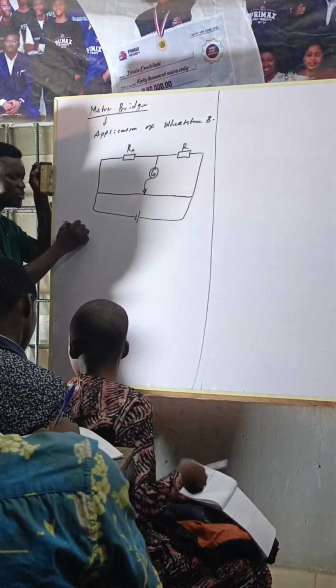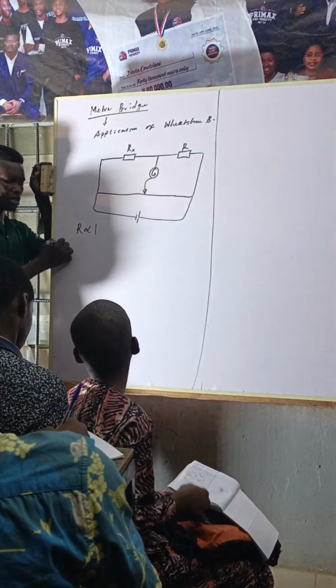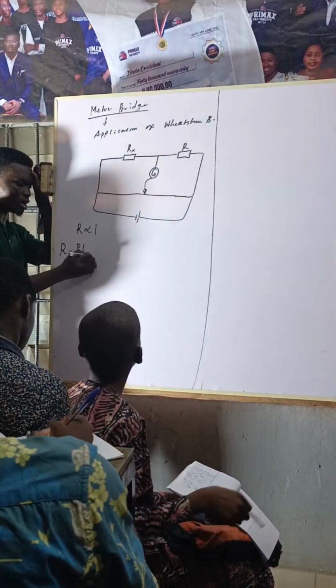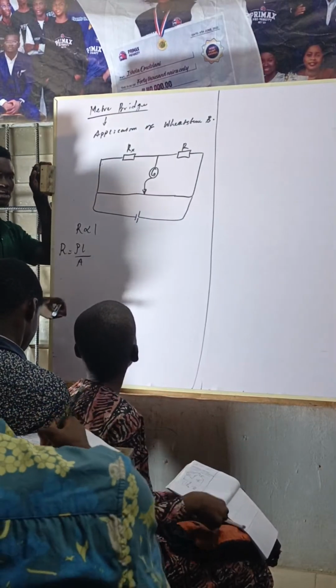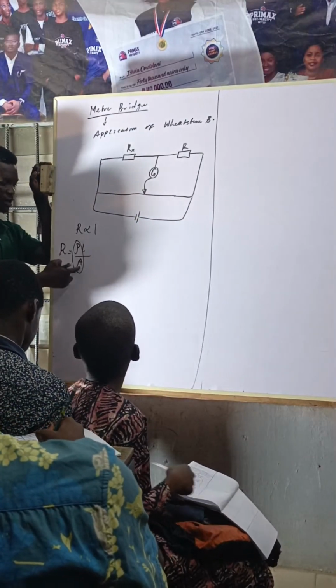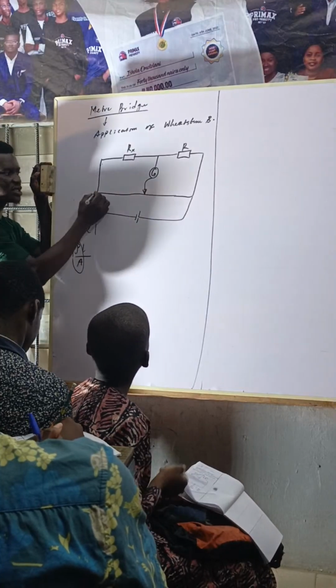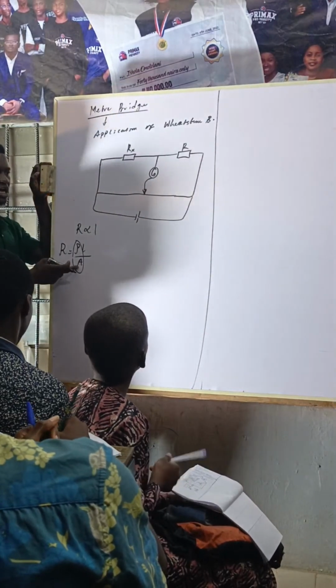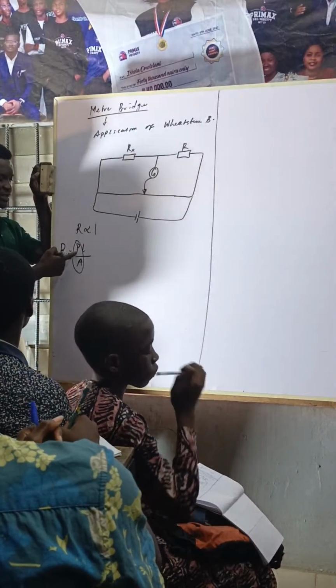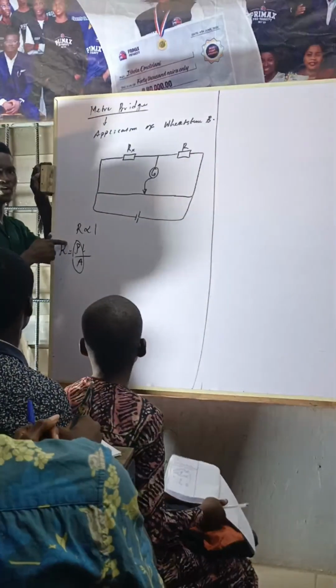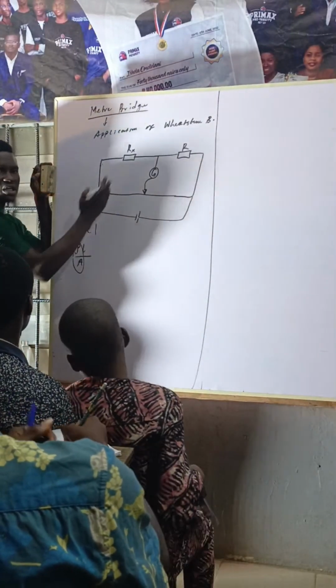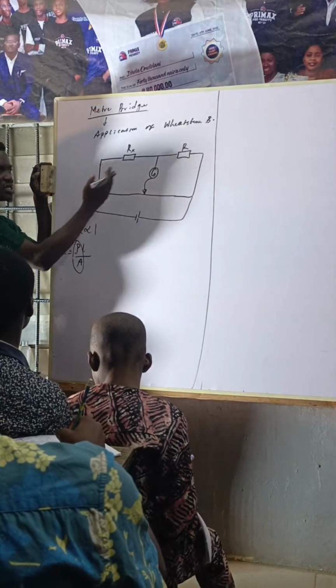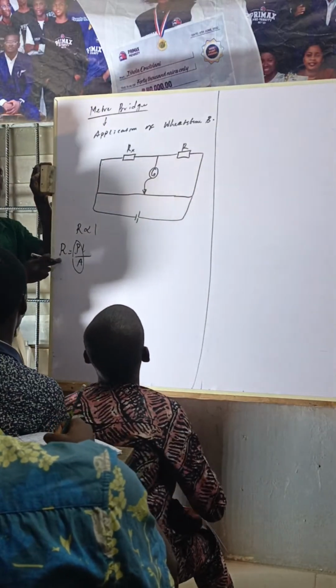So you know that R is directly proportional to L. If you go back to R is equal to rho L over A, R is directly related to length if I hold the area and resistivity constant. Since this wire is of the same area and the same material, resistivity, the only thing I can be changing is length. So if I keep changing length, it can be affecting the resistance.